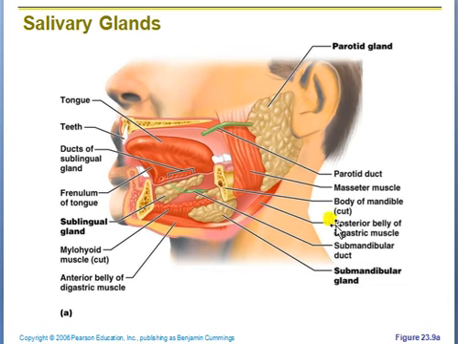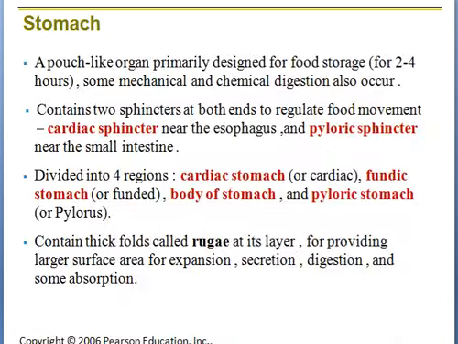Okay. These are the ducts that open into the mouth. So this is the structure diagram of the salivary glands. Then coming to the next step, stomach. So the stomach is a J-like and pouch-like organ.